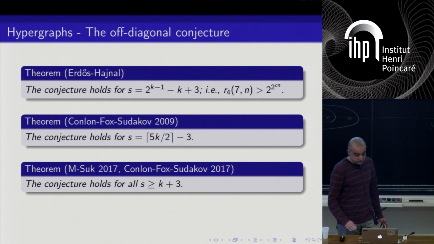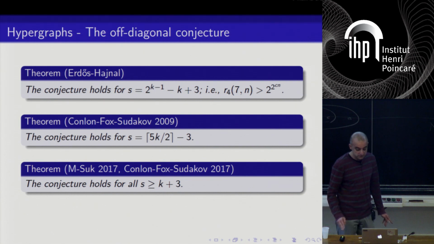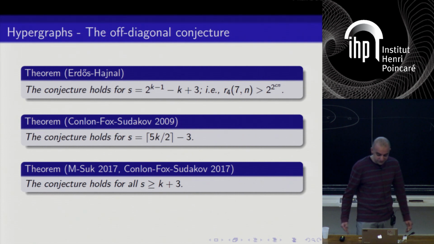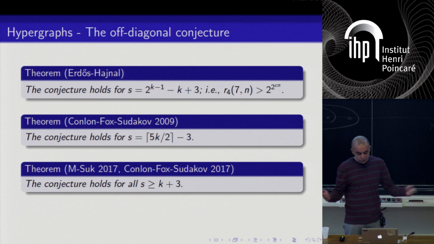Now, this was improved quite a lot by Conlon, Fox, and Sudakov in 2009, where they showed that the smallest s is 5/2 k minus 3. So it's not an exponential. But of course, when k is 4, this is again 7. And then a couple of years ago, the 3 authors, as well as Andrew and I, gave 2 new proofs which show the conjecture is true for all s at least k plus 3.